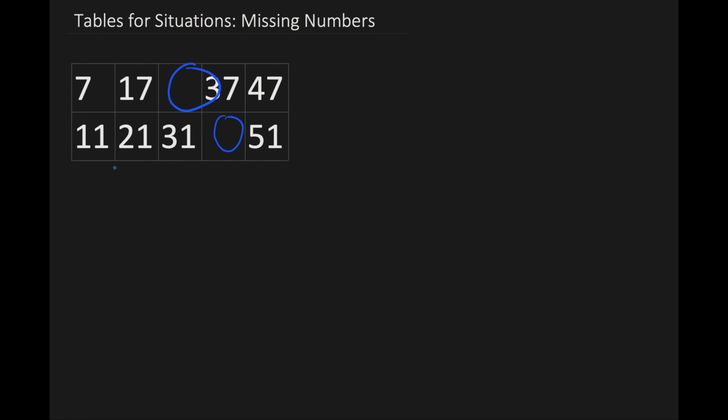To go from 11 to 21, how much is it? Again, you do subtraction. 21 minus 11. It looks like we got 10. So the rule is plus 10. And if the rule is plus 10 here, let's check here. 17 minus 7.